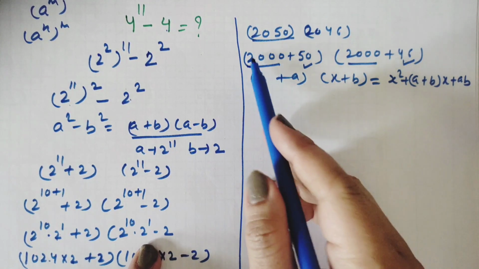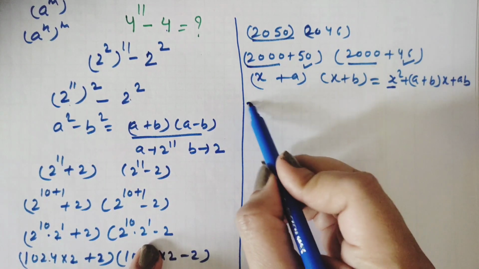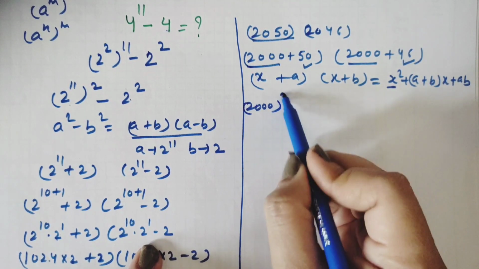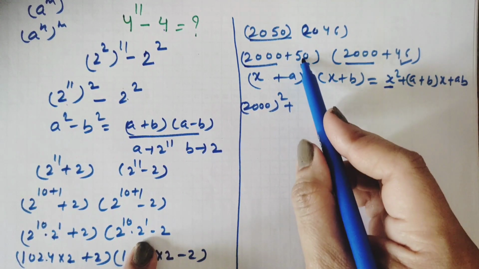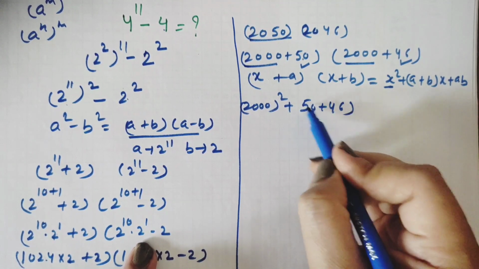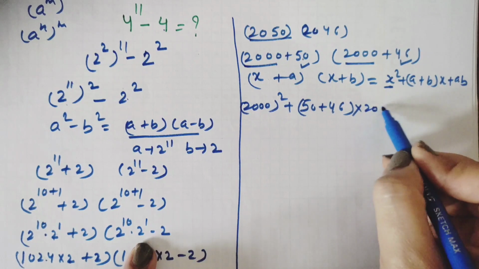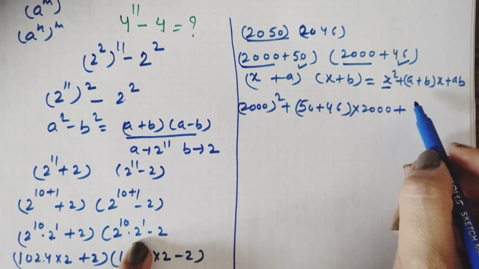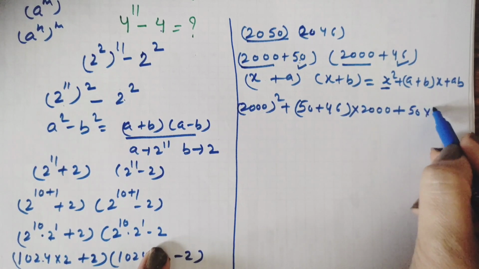So x is 2000. The identity says x square, so 2000 square, plus a plus b, where a is 50 and b is 46, so 50 plus 46, then into x, which is 2000, plus ab, meaning 50 into 46.